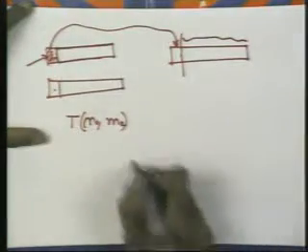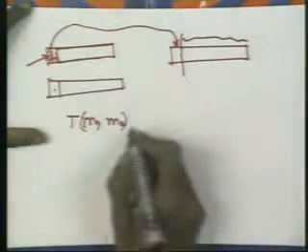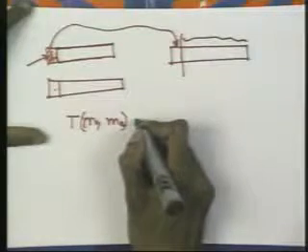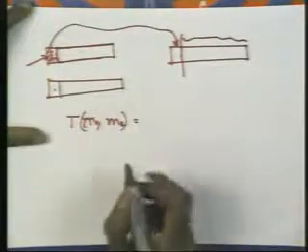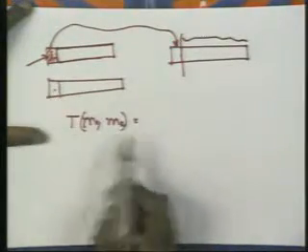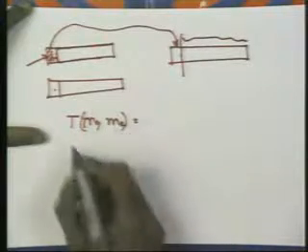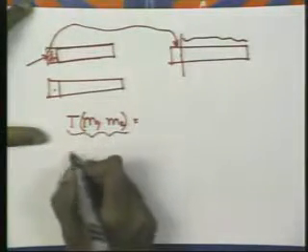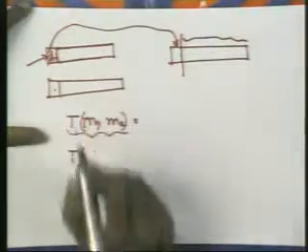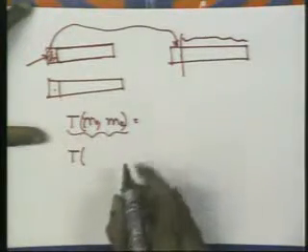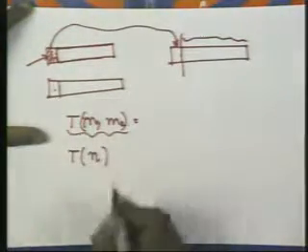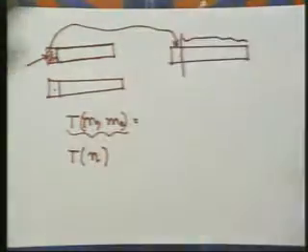T of m1, m2 is what? Well, one of them decreases by 1. We don't know which one. So maybe I can just write a recurrence on the sum of these two sizes. So I can actually write it on n. This n stands for the sum of these two sizes, which is the total number of elements in the input.